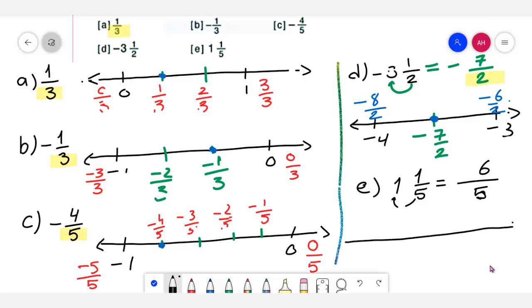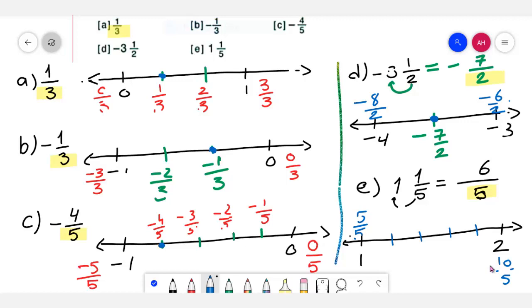Here is my number line. It's going to be from 1 until 2. As you can see here, my denominator is 5, so I am going to have 4 rational numbers between 1 and 2: 1, 2, 3, and 4. 2 is equal to 10 over 5. 1 is equal to 5 over 5.